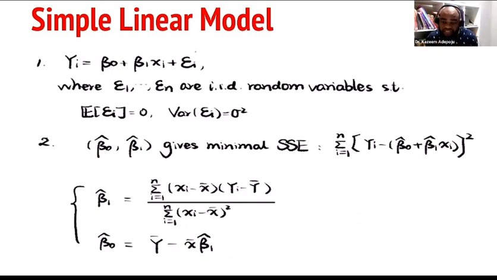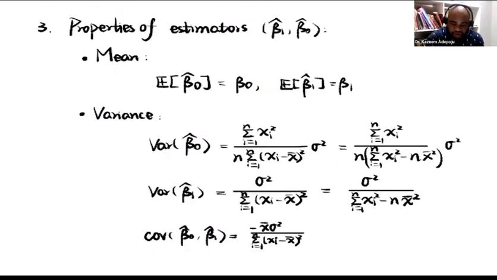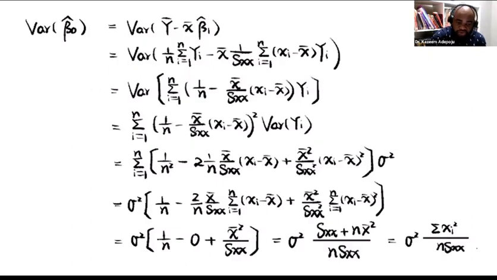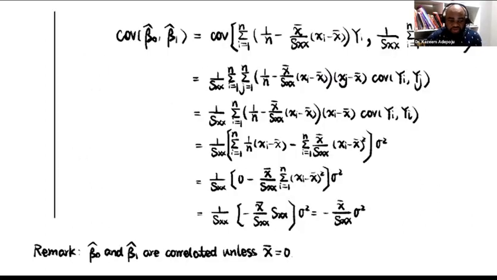When the covariance gives 0, then the two variables are independent. But when the covariance does not give 0, then the two variables are dependent. So that's exactly what we want to do here, investigating for that.